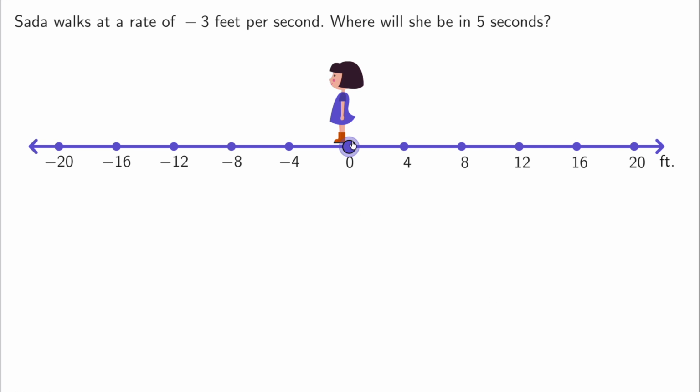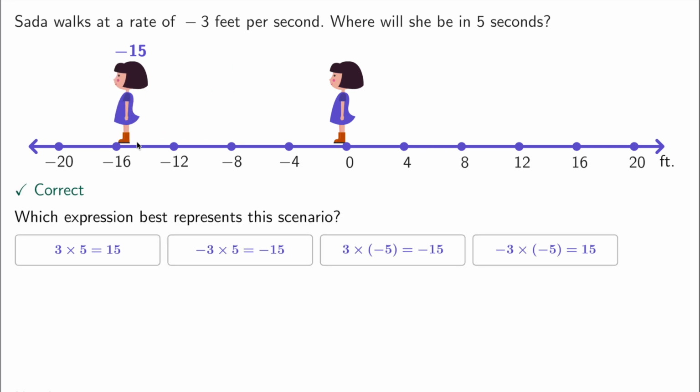She's going backwards in a negative direction. So let's check this answer. Let me put her on minus 15 and see whether this is correct or not. Oh yes, that's correct.